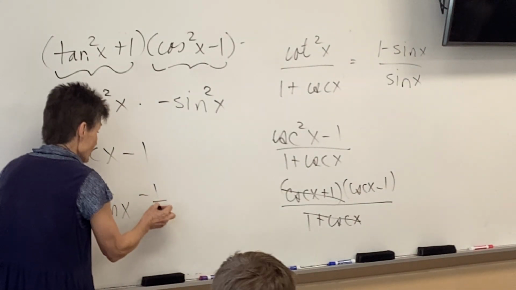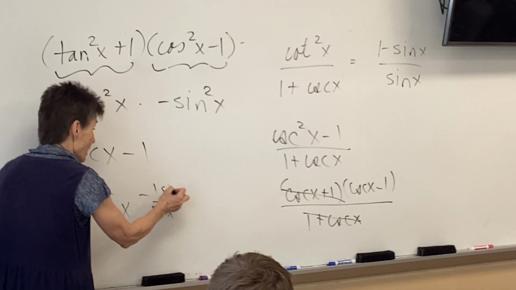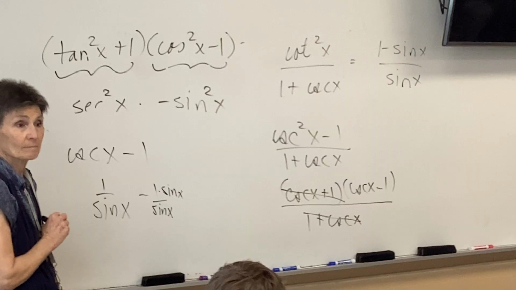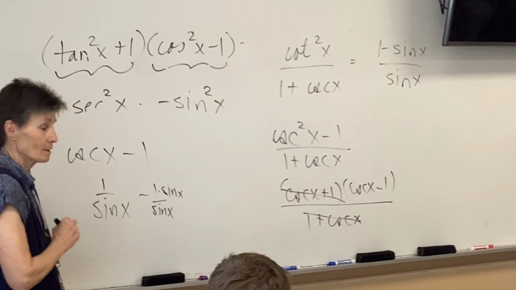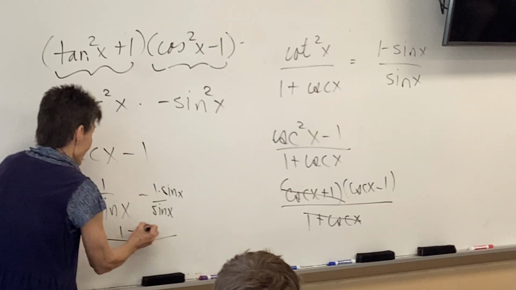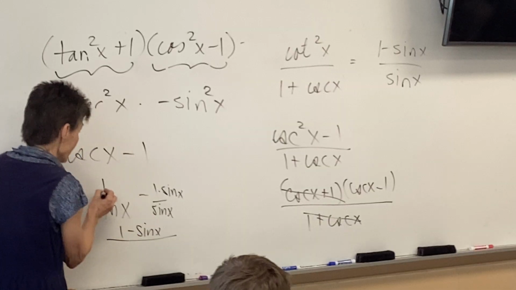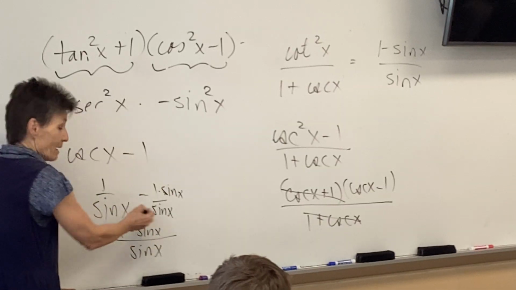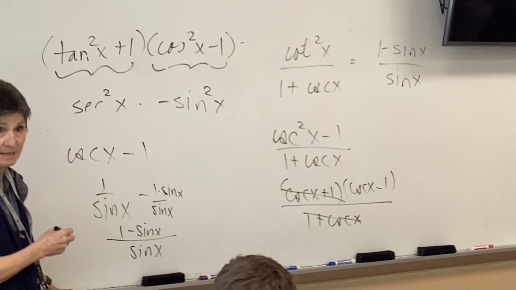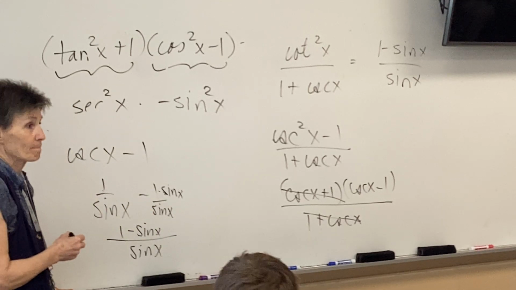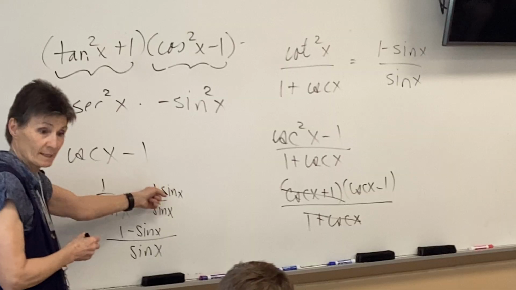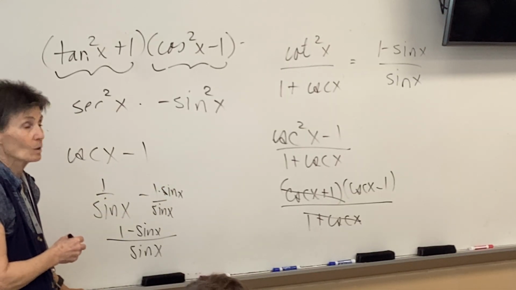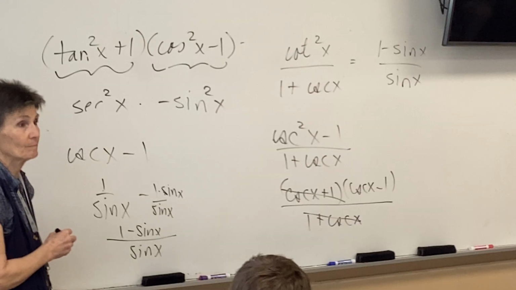So this one is going to need to be multiplied by sine. One minus sine on top, one minus sine, and sine on the bottom. My common denominator is sine. Numerator is one minus sine, which is exactly what we want.